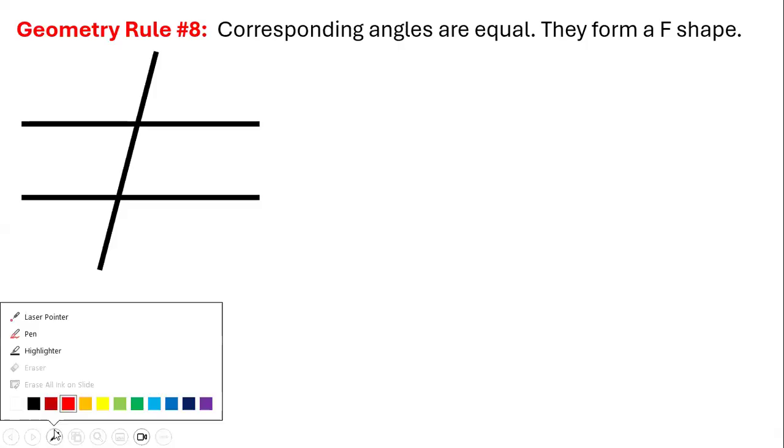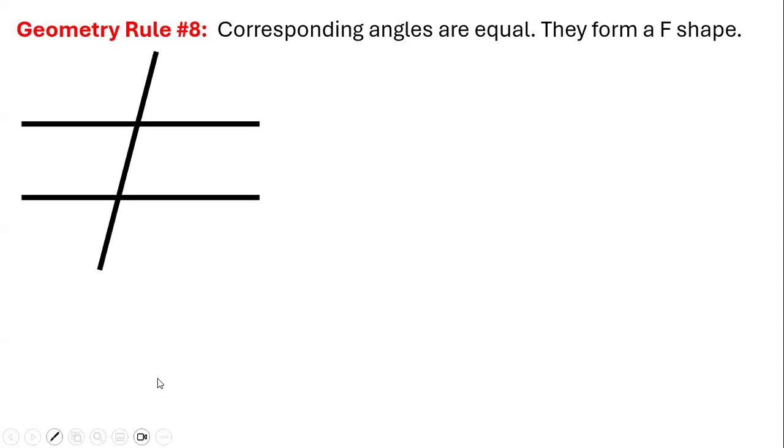All right, so we have this angle right there, and this angle right there.